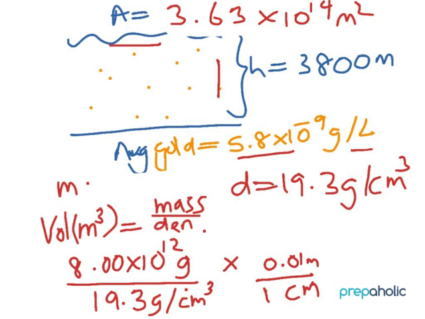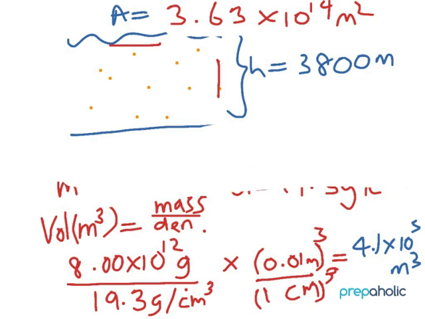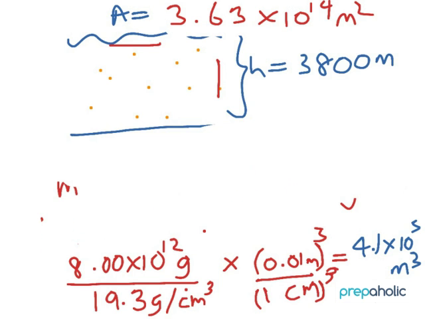So once you cube this, that's a 3, and you cube the 0.01 meters, we will find that the answer is in cubic meters, and it will be equal to 4.1 into 10 to the power 5 cubic meters. Okay, and then finally we are asked to find the value of the gold that can be harnessed from this ocean, basically.